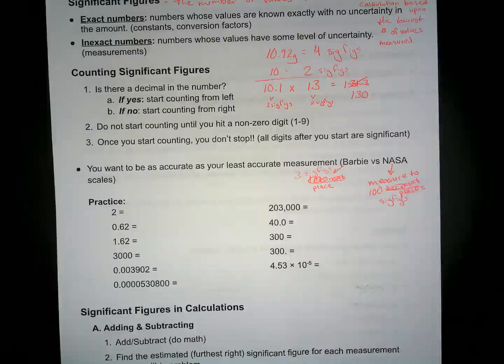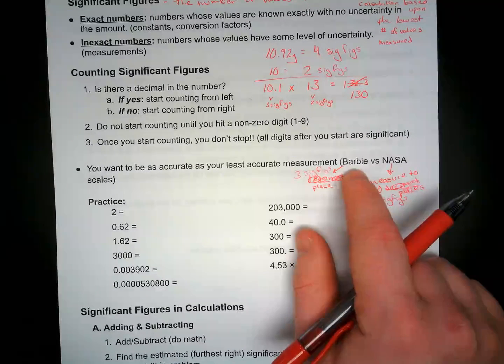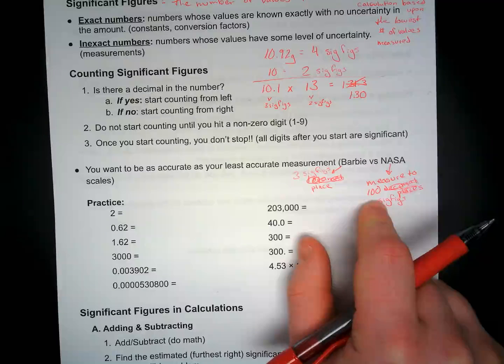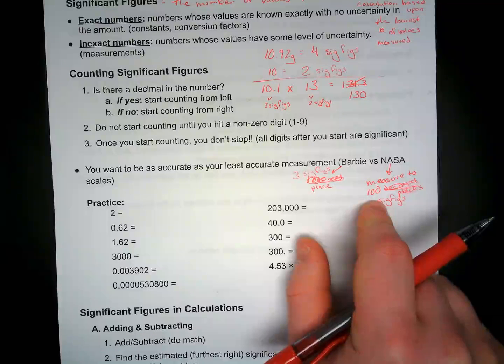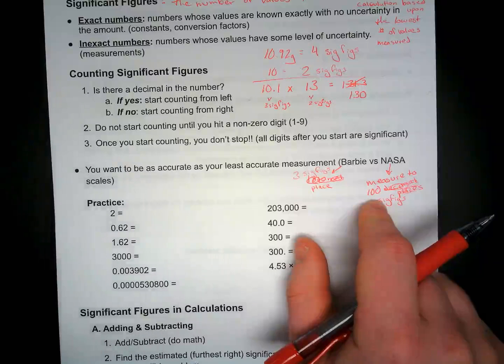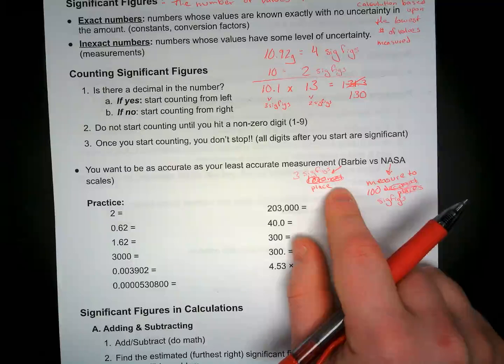Because your measurements will be off, and you don't want to make it seem like a Barbie scale that can only measure to 3 sig figs is as accurate and as good as the NASA scale, which measures to 100. Now that sucks if you use a NASA scale, that you've got this super specific, precise and accurate measurement, but you've then got to follow with the number of sig figs found from your least accurate measurement.